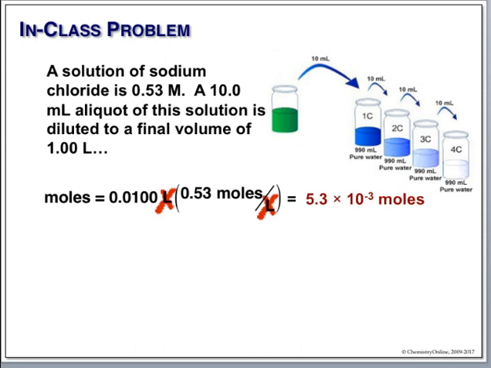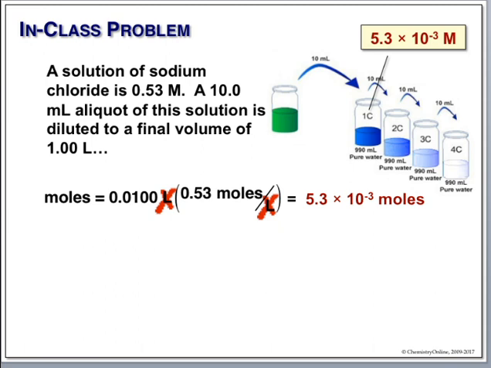In our new liter, therefore, we have 5.3 times 10 to the minus 3 moles in this 1 liter. That's our new concentration. Now we're going to take 10 mils of this stuff and dump it into here.